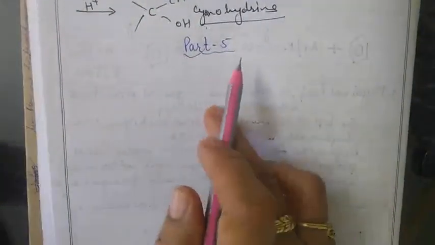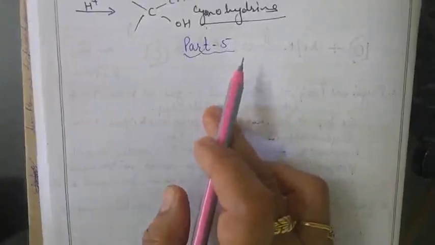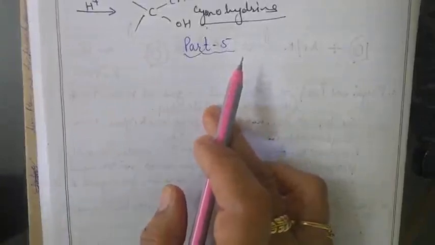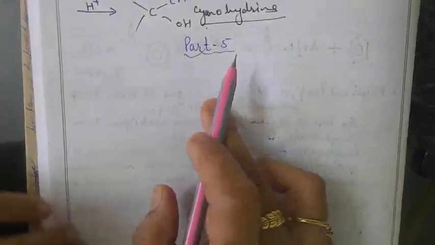Good morning everyone. Now the next part, part 5 of the lesson on aldehyde, ketone and carboxylic acid, is the chemical property, that is nucleophilic addition. We are doing the nucleophilic addition reaction.